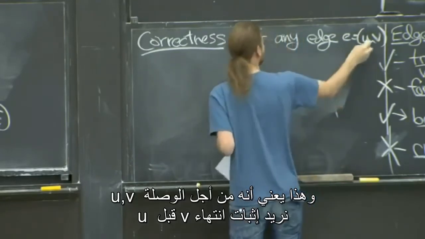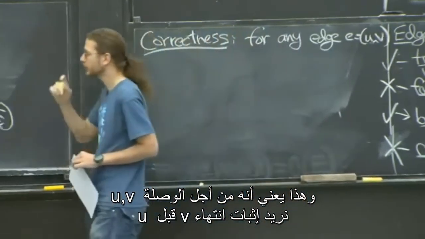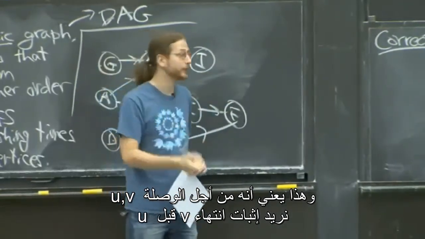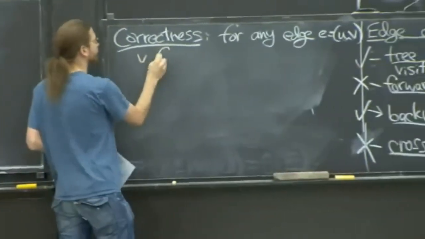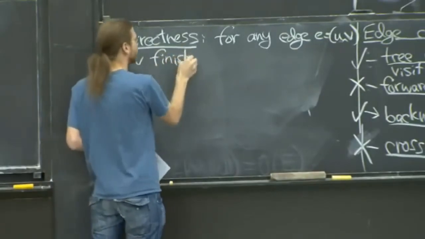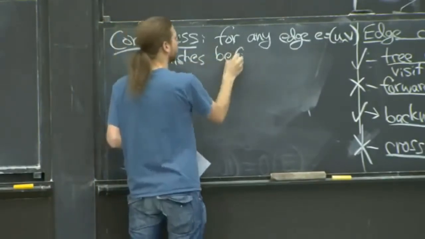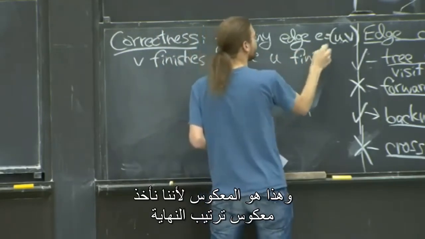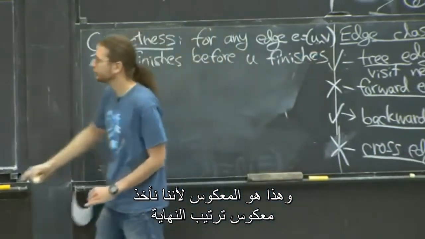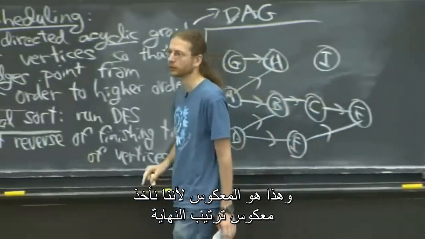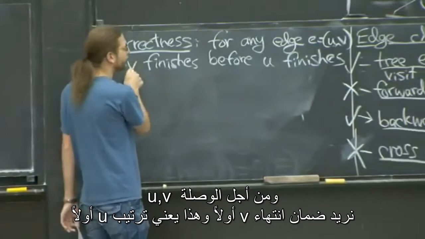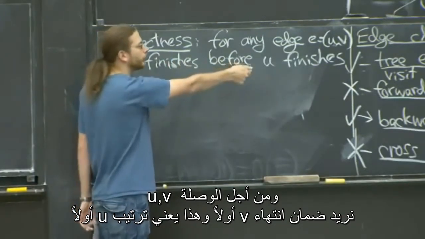So for an edge uv, we want to show that v finishes before u. That's the reverse, because what we're taking is the reverse of the finishing order. Okay, so edge uv, I want to make sure v finishes first so that u will be ordered first.